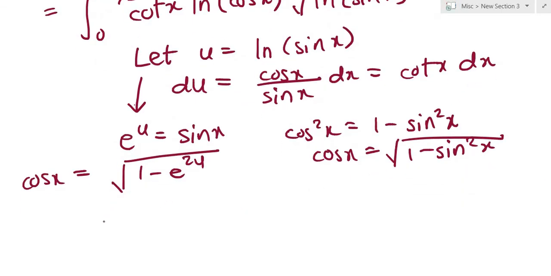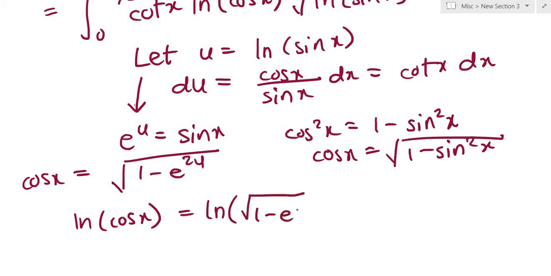Now we just need to take the natural log on both sides, because we had an ln of cos of x. We have the natural log of the square root of 1 minus e raised to 2u. Now everything is raised to the 1/2 power in the argument, right? So using log properties, I can pull the power, I can multiply the entire thing by the power, half ln of 1 minus e raised to 2u.